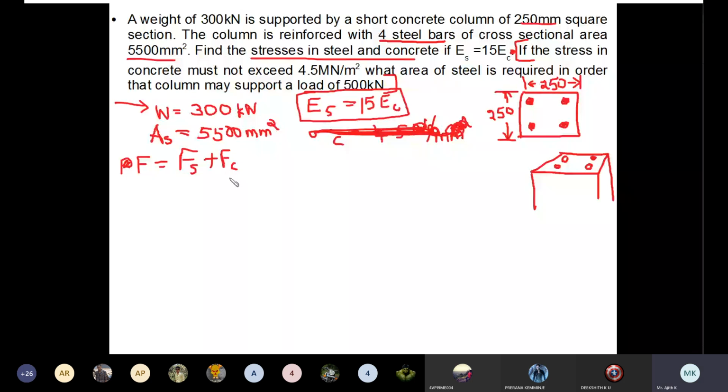This F value, similar to the previous problem, you can write as sigma steel into area of steel plus sigma concrete into area of concrete.